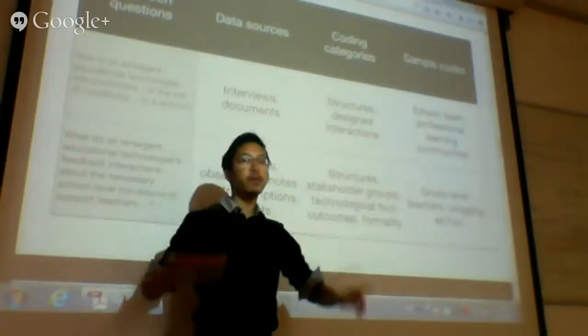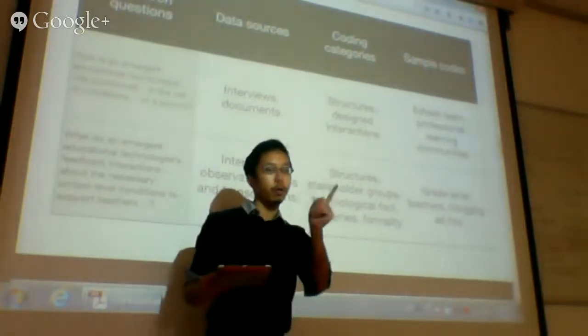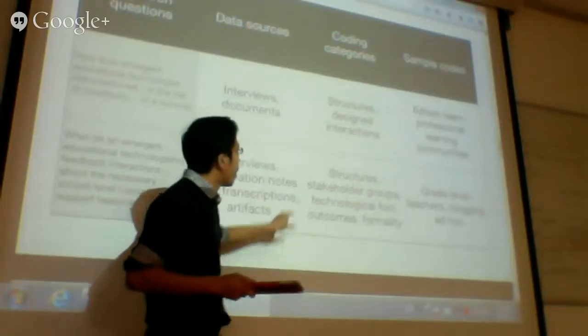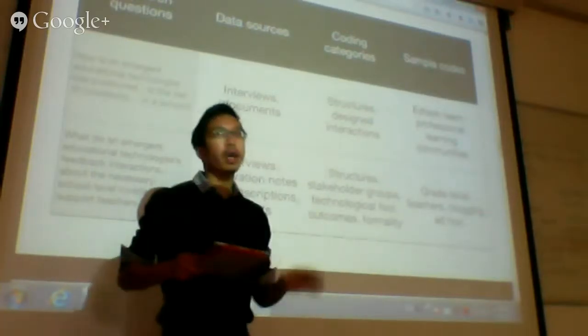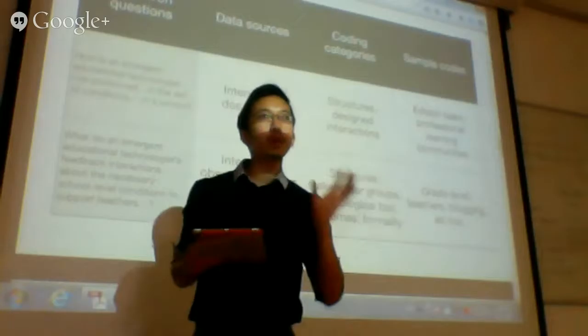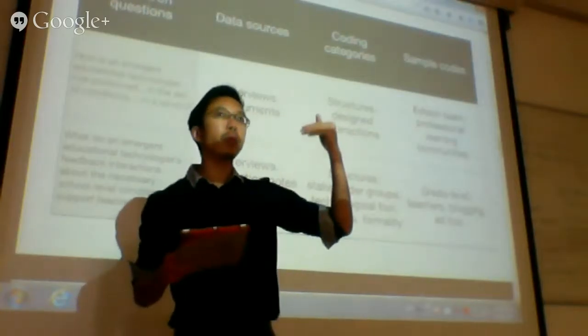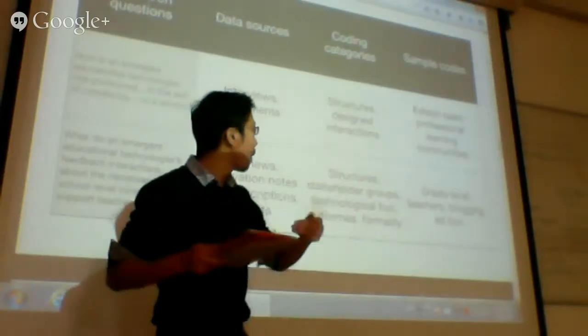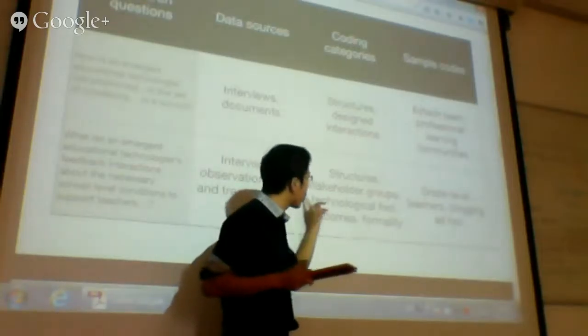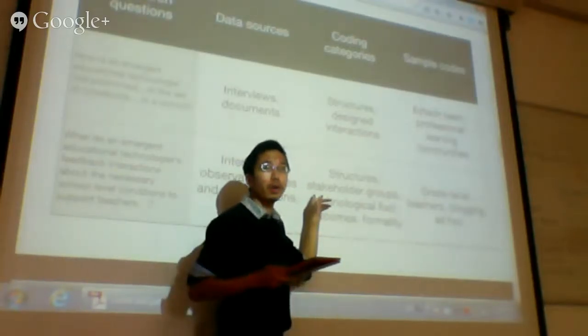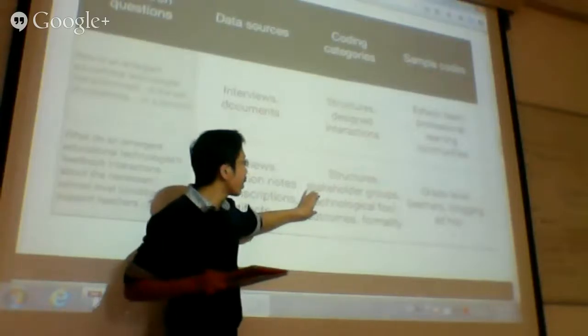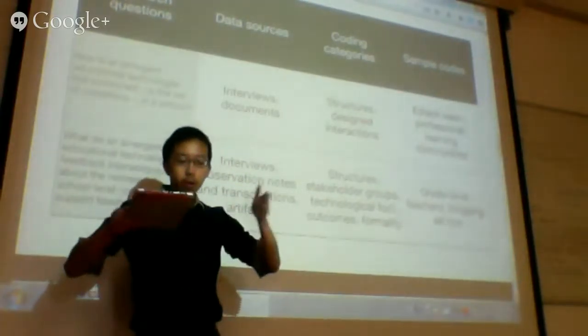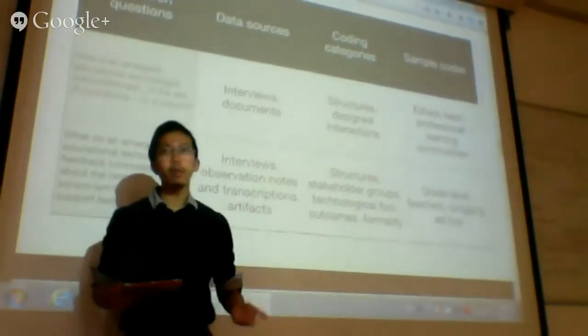So I wrote about the feedback interactions related to one technological focus. Not only that, but in writing about the school level conditions, I only wrote about the school level conditions that directly influenced or were mentioned in the interactions about that technological focus. So choosing the technological focus bounded the writing of my cases.